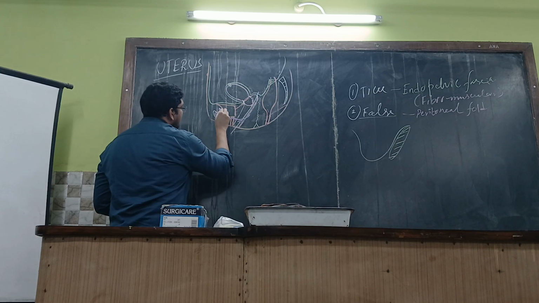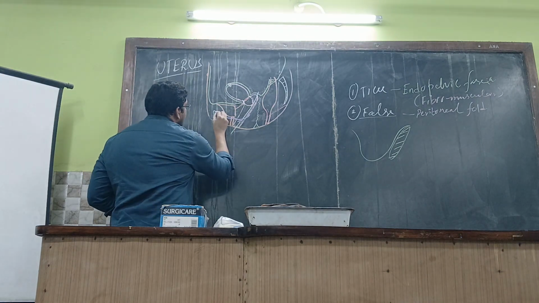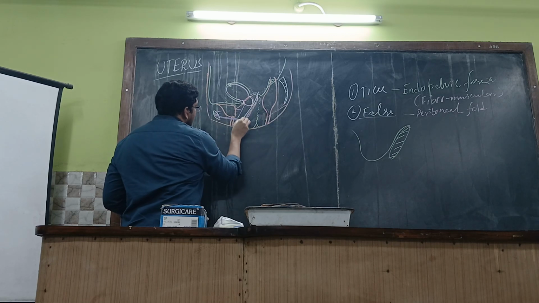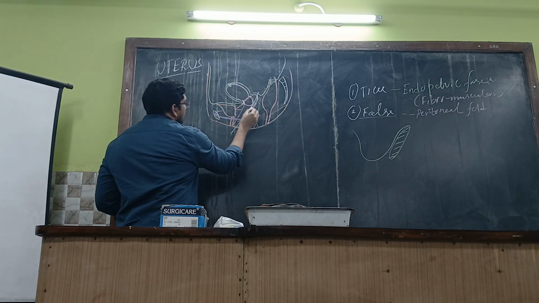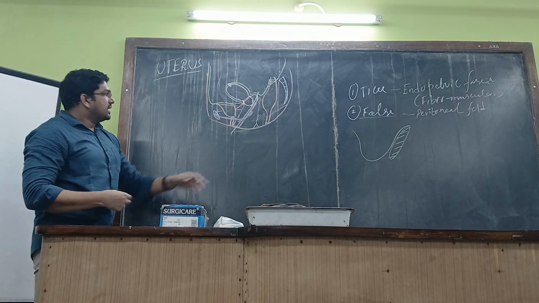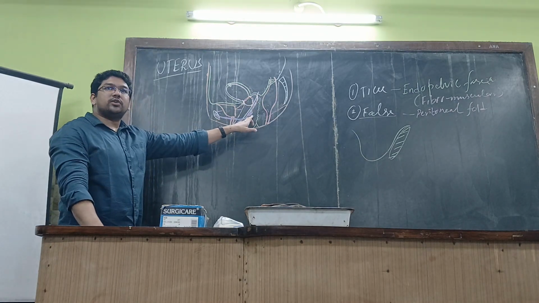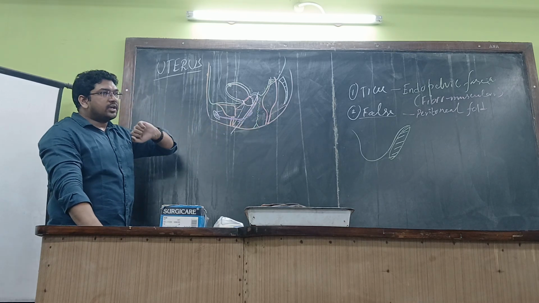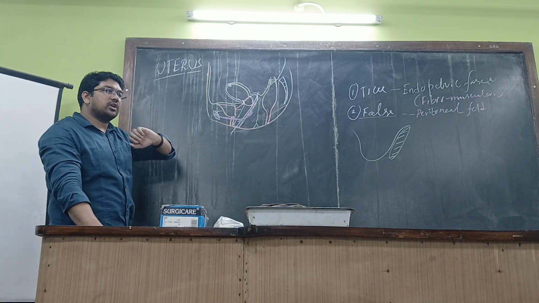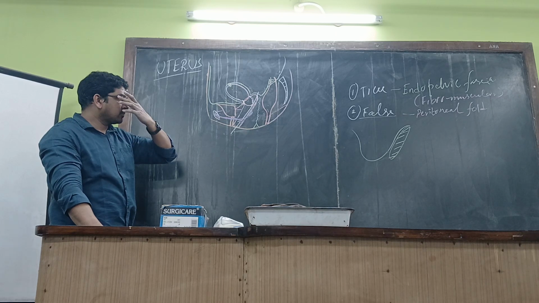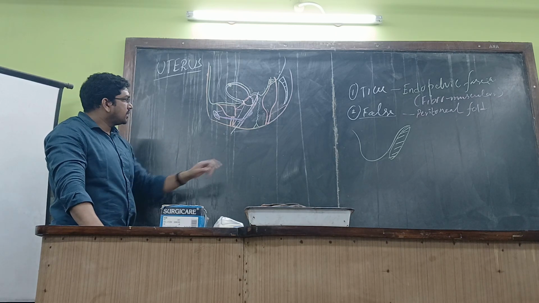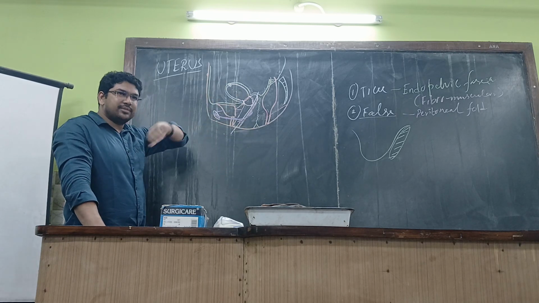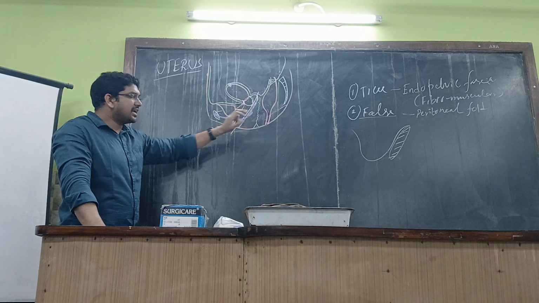It supports the posterior wall of the vagina. Why is the posterior wall of the vagina supported? Childbirth. Okay, but basically, normal anatomy.